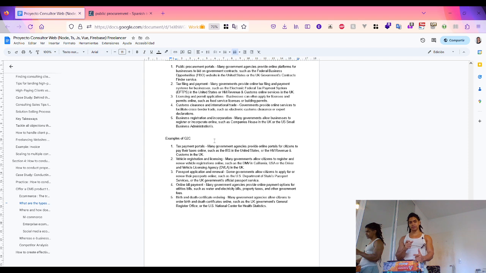Vehicle registration and licensing, so you have the DMV, California in the USA, or the Driver and Vehicle Licensing Agency in the UK. Passport application and renewal, such as the US Department of State Passport Service, or the UK Government Passport Service.